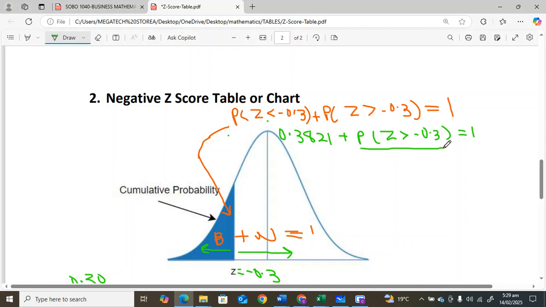So in order to find the probability that Z is greater than negative 0.3, we take this 0.3821 over the equal sign, and it becomes 1 minus 0.3821.